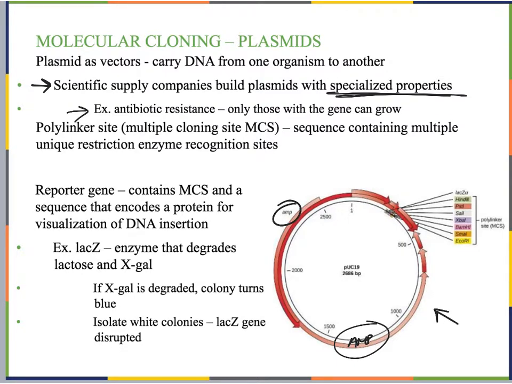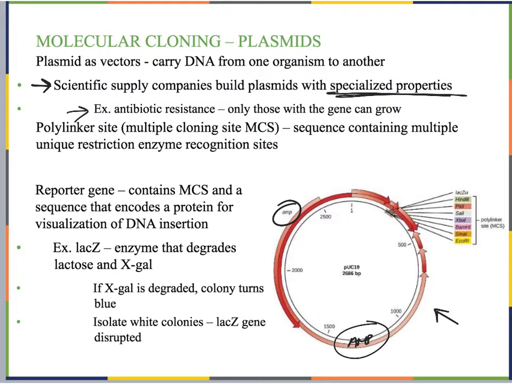So if you're trying to put this pUC19 into a bacterium, then you'll go through the steps of doing that, which we're going to talk about, but then you can plate it on ampicillin. If you plate it on an agar plate that has the actual antibiotic ampicillin in it, then only those organisms that are resistant to ampicillin would grow on that plate.